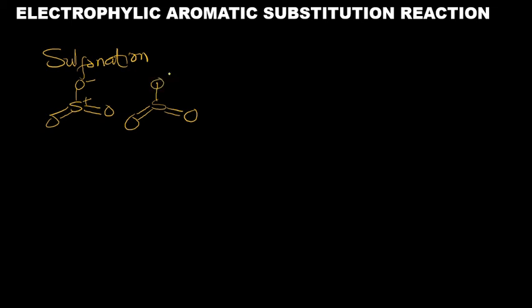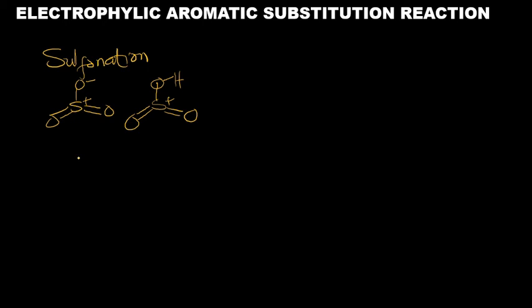So for example, if we take sulfonation, we have the sulfonyl group, we have S bonded to O, and then we have O minus, and our sulfur positively charged, so that's going to be our electrophile, or you can equally write it as S, O, and this time we have a hydrogen attached to it. So this is going to be our electrophile if we are doing sulfonation.